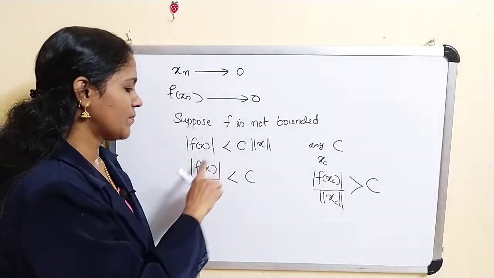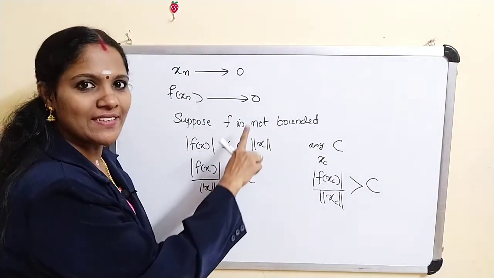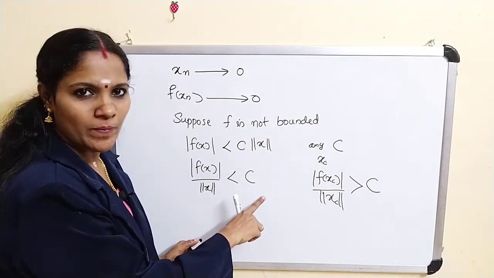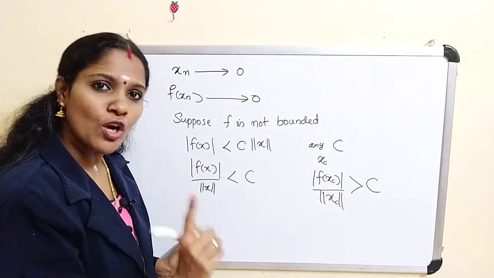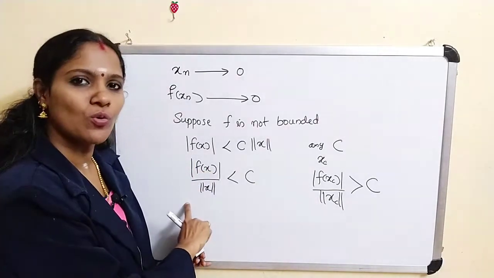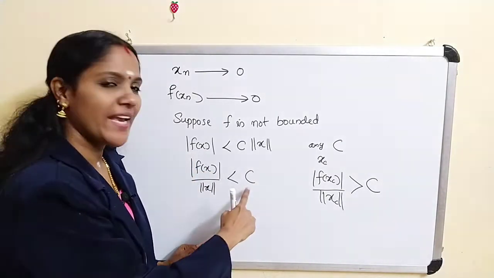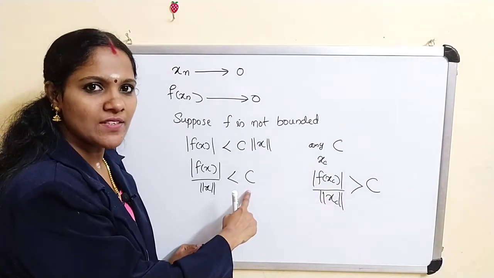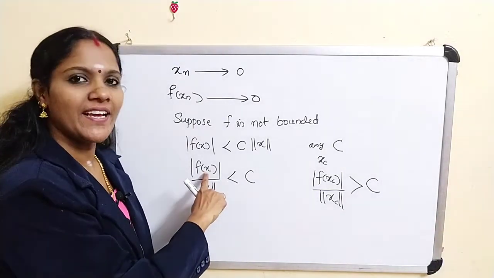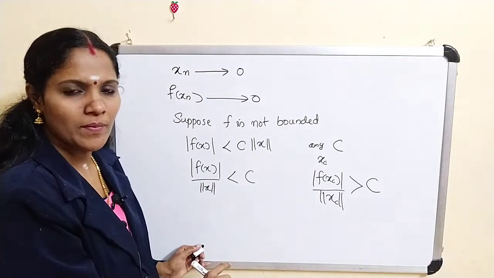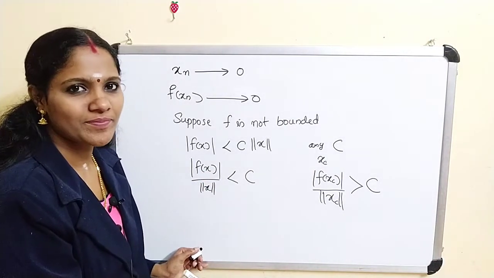F is bounded means this condition holds: there exists a c greater than 0, and this is less than c. If f is not bounded, then if you take any c greater than 0, you can find an xc such that this value is greater than or equal to c.